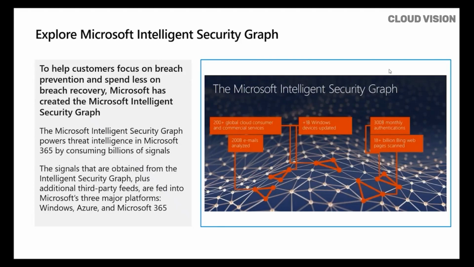As I said, the Microsoft Intelligent Security Graph powers threat intelligence in Microsoft 365 by consuming billions of signals. And the signals that are obtained from the Intelligent Security Graph plus any third party feeds are fed into the Microsoft three major platforms, which is Windows, Azure, and Microsoft 365.